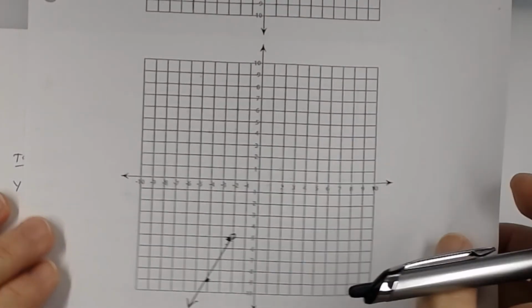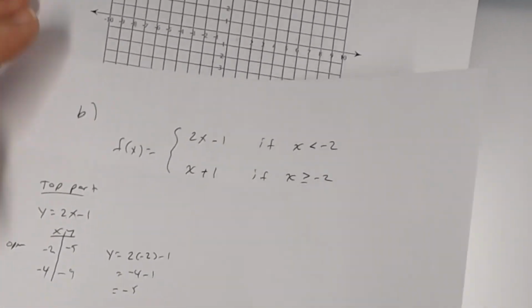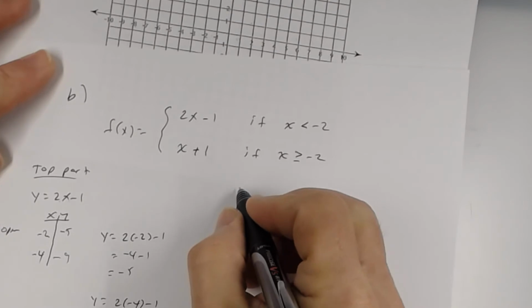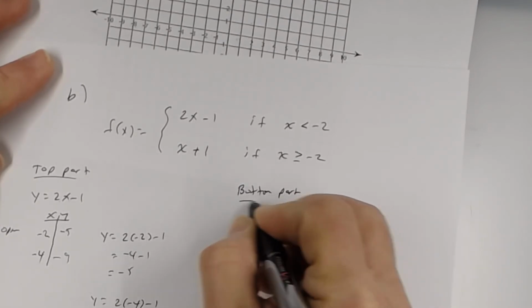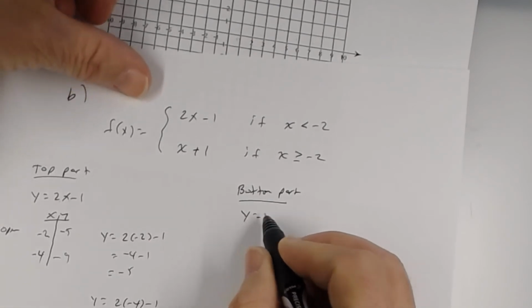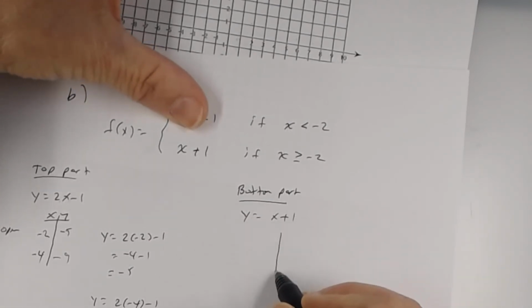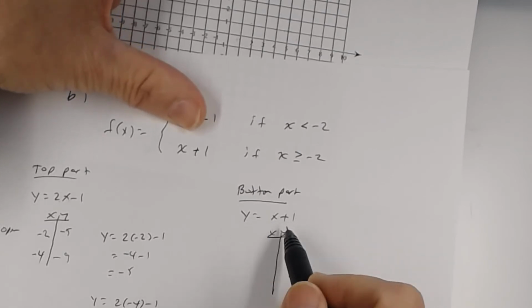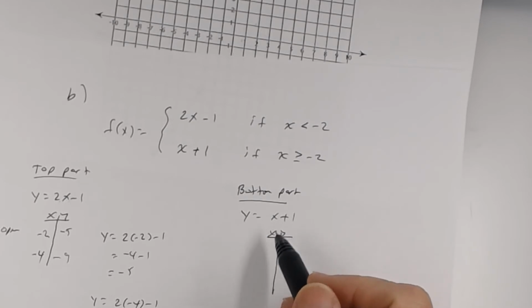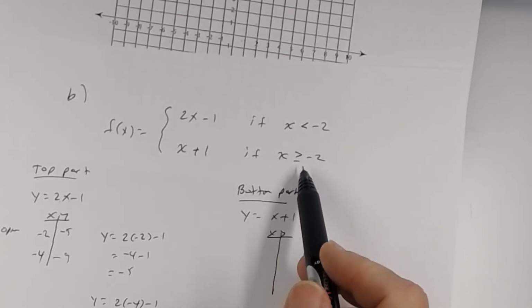And then we do the bottom part now. So the bottom part of the piecewise function, so break it down into parts. This time I'm saying y equals what? x plus 1. All right, I'm going to do a t-table. Again, this is still a line. Y equals x plus 1 is a line, although when I graph it, it'll be a ray because I'm restricting my domain.